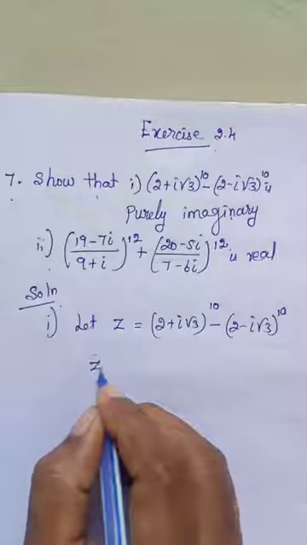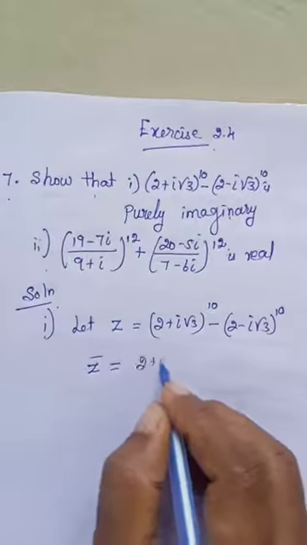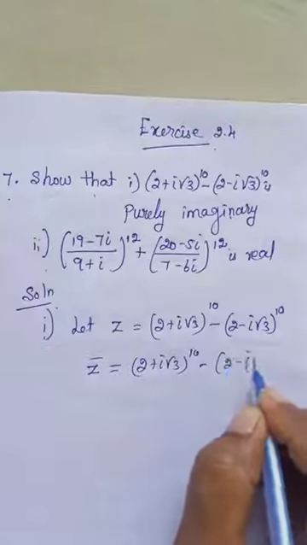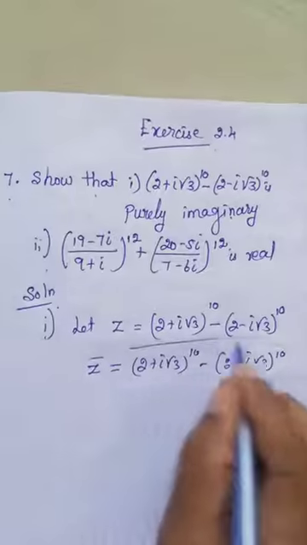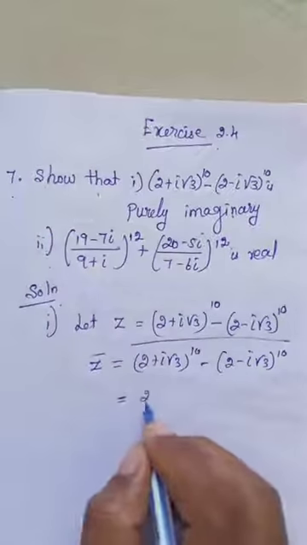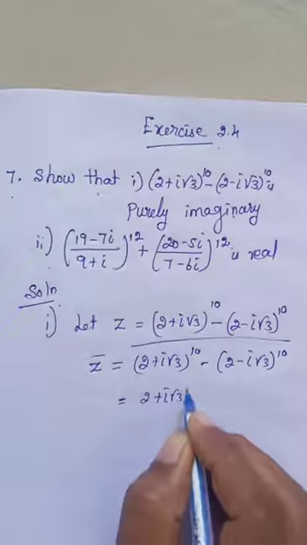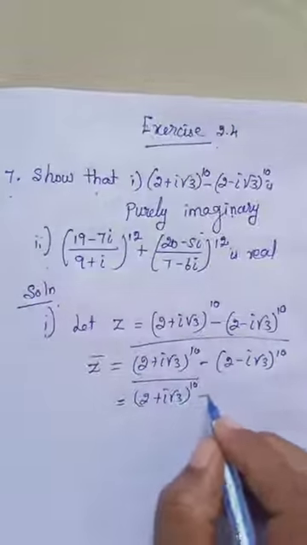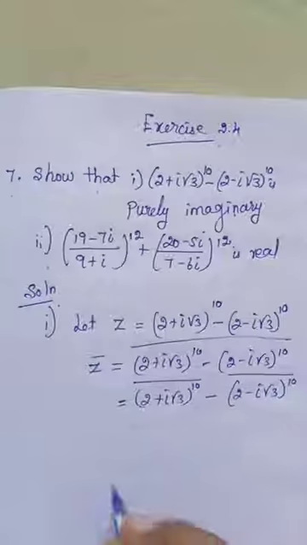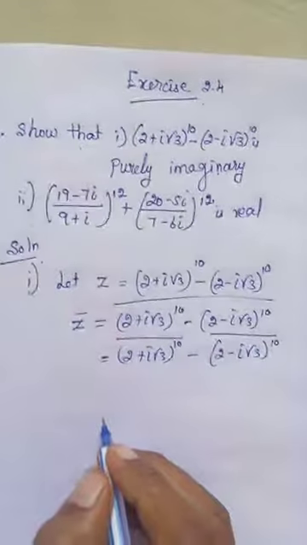Shall we find Z bar first? Z bar is equal to the whole bar of (2 + i√3)^10 minus (2 - i√3)^10. Now we have to separate it: the bar of (2 + i√3)^10 minus the bar of (2 - i√3)^10, isn't it? Next what we can do?